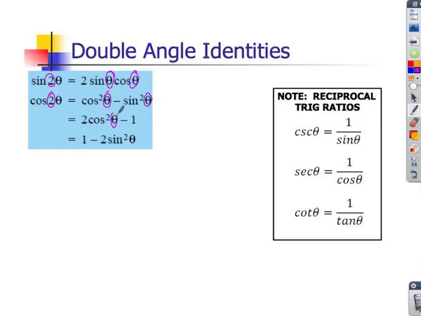All these angles are just theta. So you'll see the purpose of this later on too as we work with equations. Sometimes in equations some angles will be given as 2 theta, some will be given as theta. What you need in an equation is all the angles to be the same. So what you would do is use the double angle identity to write an equation in terms of just a single theta.